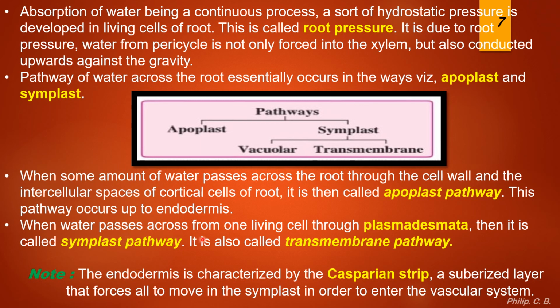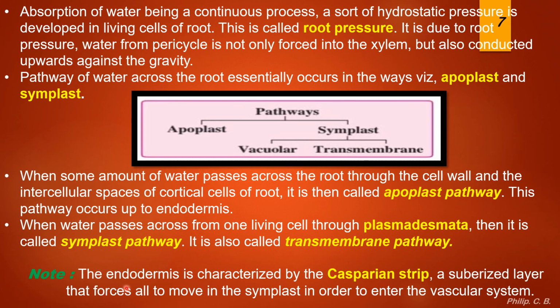When water passes from one living cell to another through plasmodesmata, then it is called the symplast pathway. It is also called the transmembrane pathway. Now students, by seeing the previous slide, the image and the statement here, it is very clear what the apoplastic pathway and symplast pathway are. Apoplast passes through the intercellular spaces, that is between the cells, whereas symplast goes through the cells via the plasmodesmata.